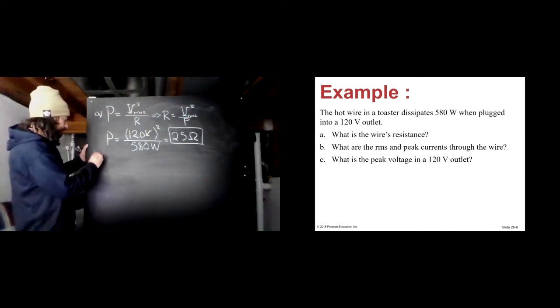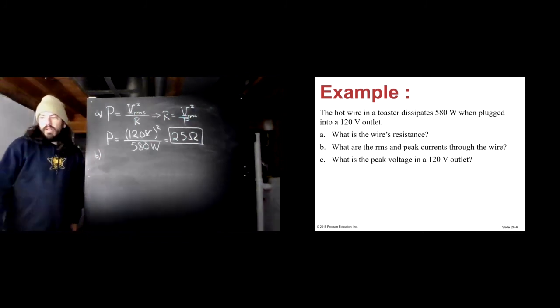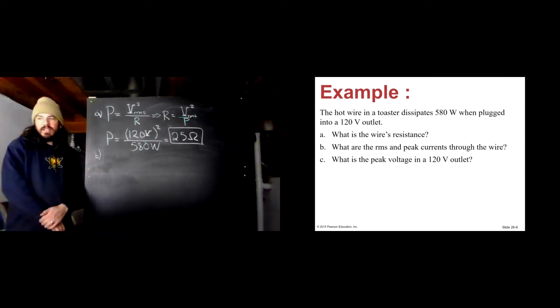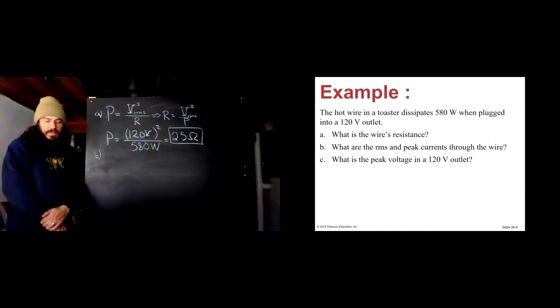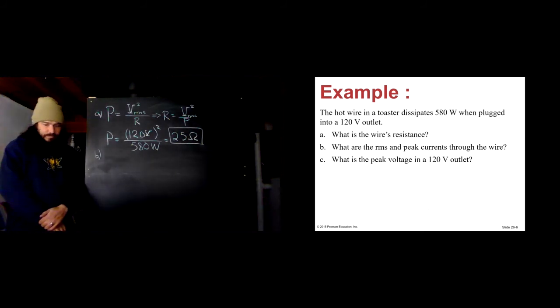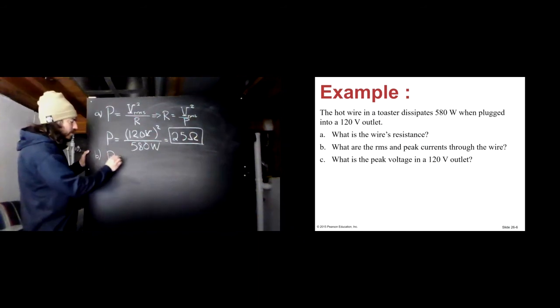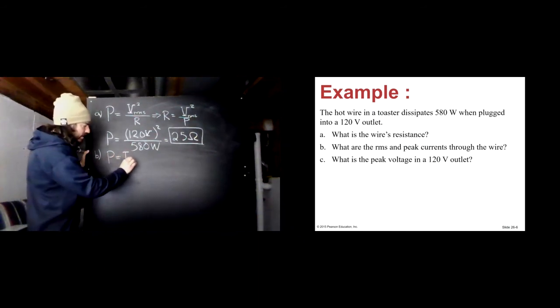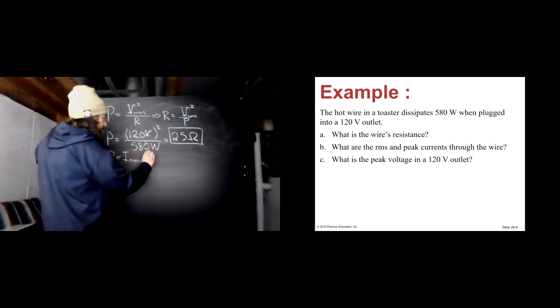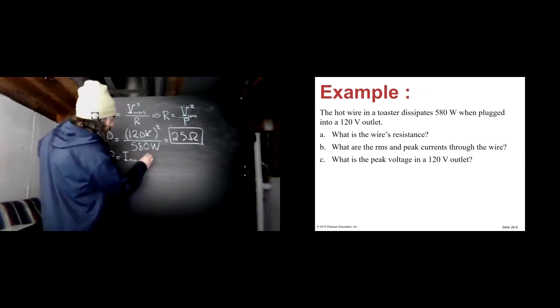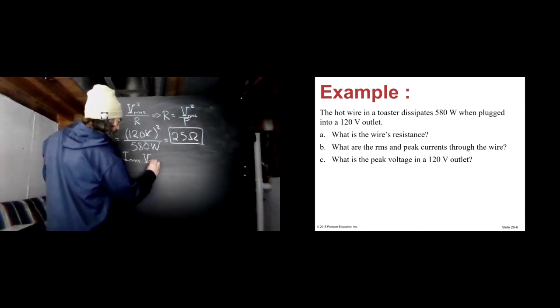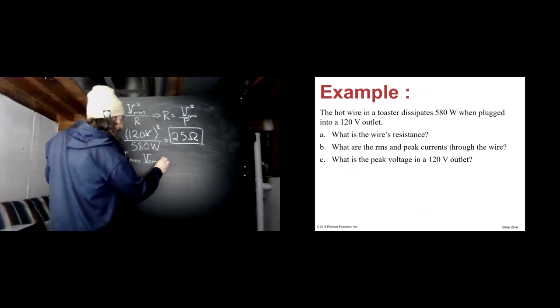Okay, part B. B says, what are the RMS and peak currents through the wire? Well, for this one, we do know the voltage and the power. So I could just use the other version of this, where power equals I RMS times V RMS.